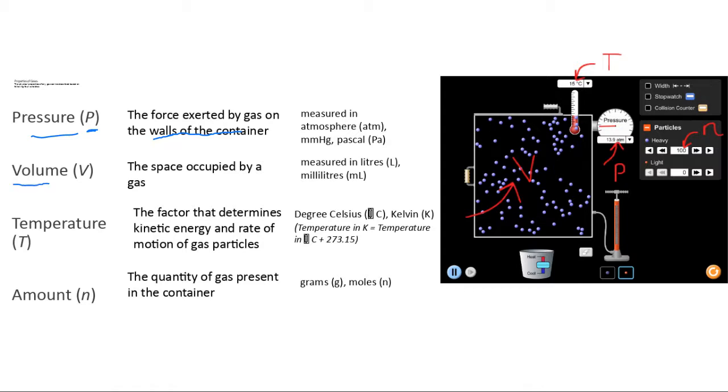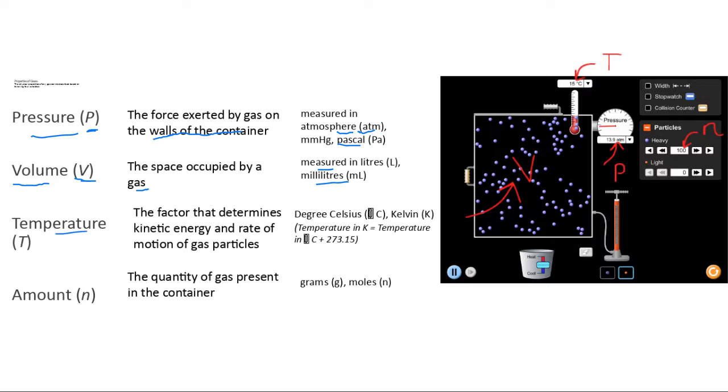The volume, which has the letter V, is the space occupied by the gas, and that's measured in liters or milliliters, while the pressure is measured in atmospheres, millimeters of mercury, or Pascals.